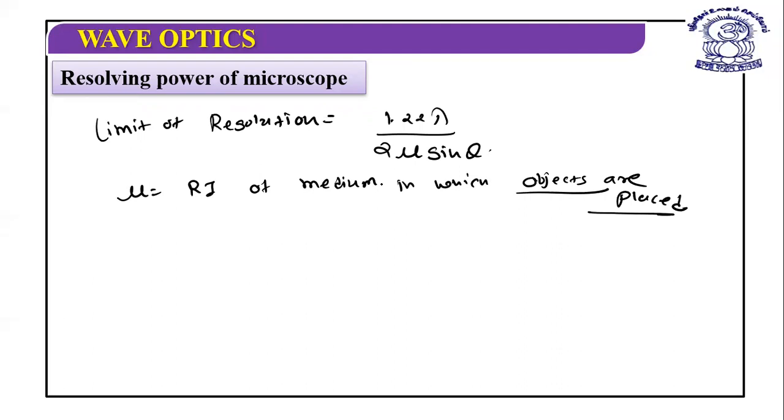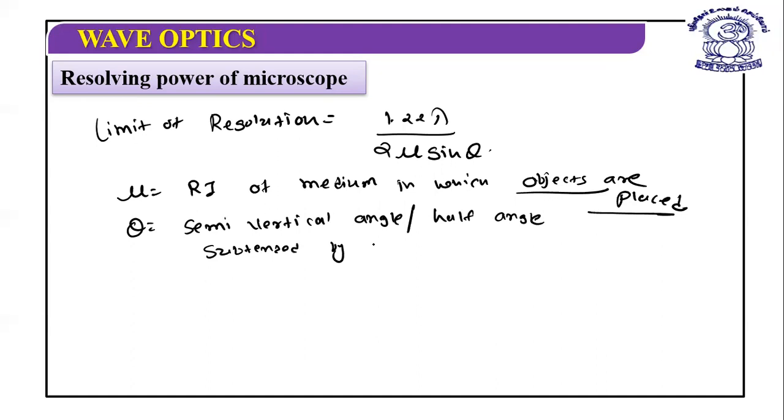And theta is the semi-vertical angle or half angle subtended by lens at the objects, and lambda is the average wavelength.